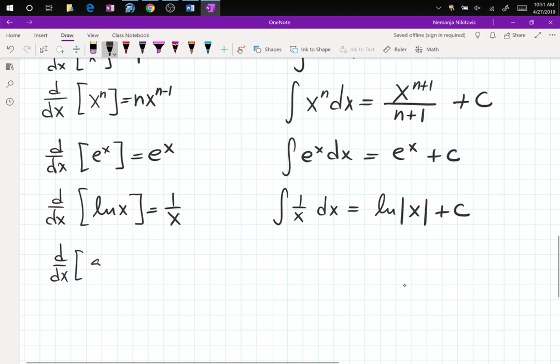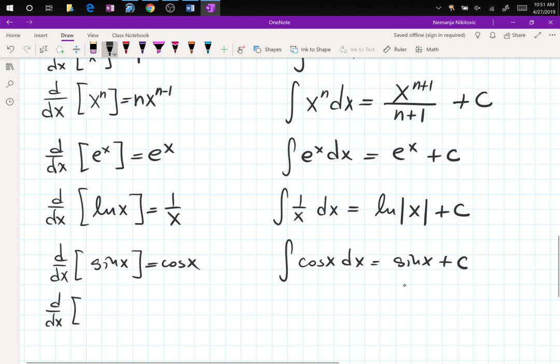So the derivative of sine x is cosine x, and the integral of cosine x dx is sine x plus c. The derivative of cosine x is negative sine x.